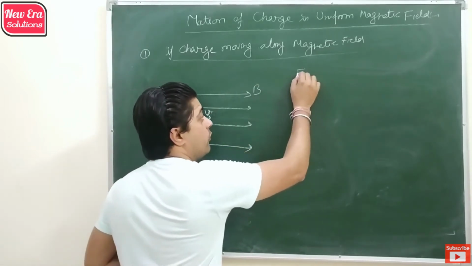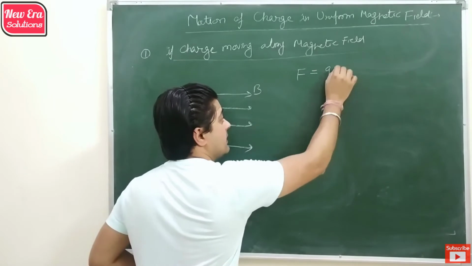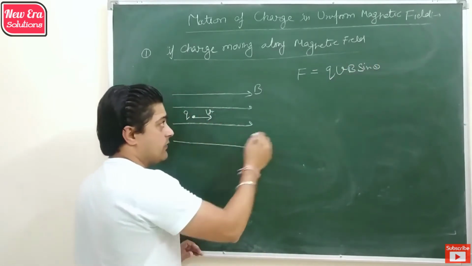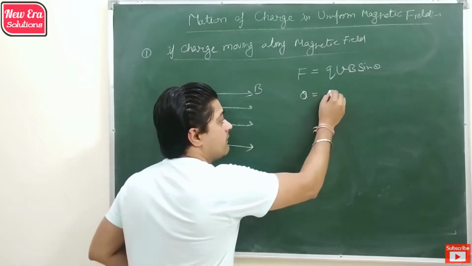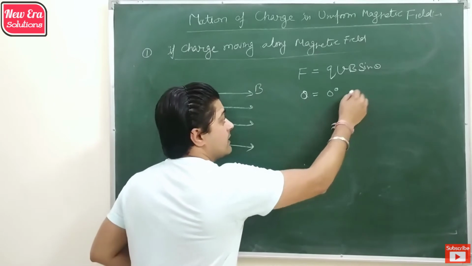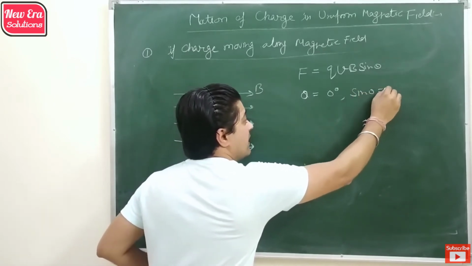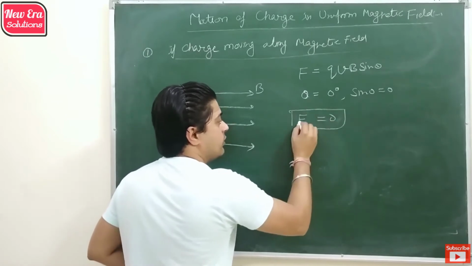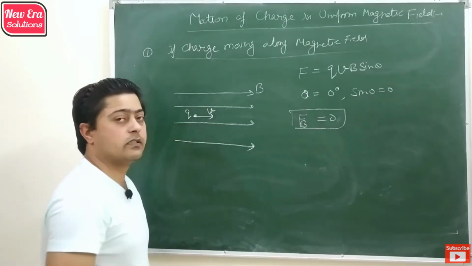Then the force on the charge is QVB sin theta, and as we observed, the angle between velocity and magnetic field is 0 degrees. So sin 0 is equal to 0. So the total force on the charge due to the magnetic field is 0.